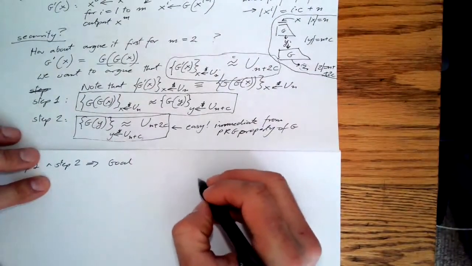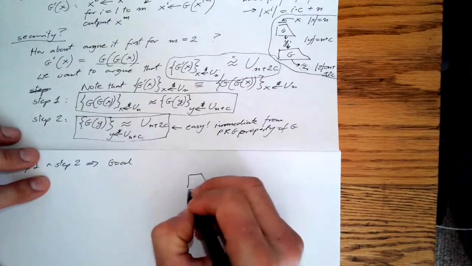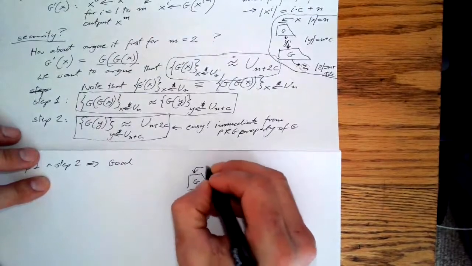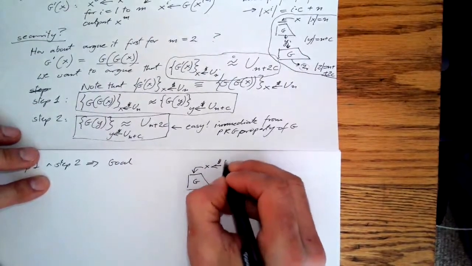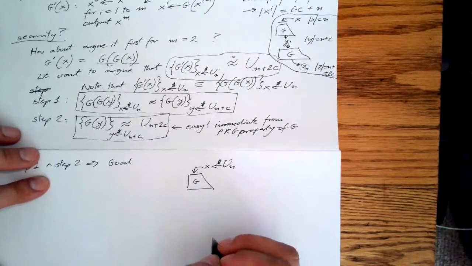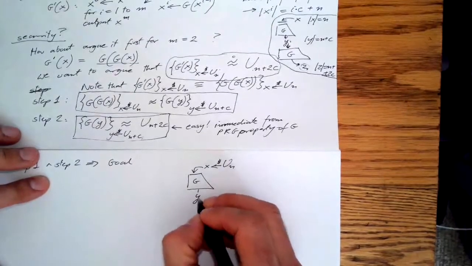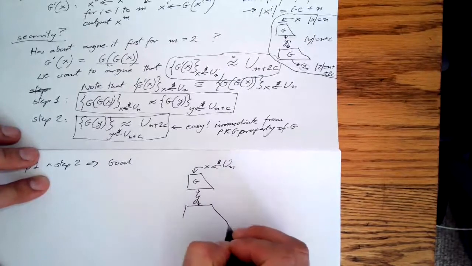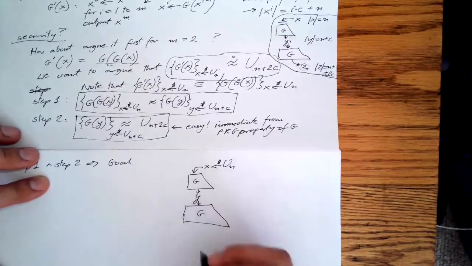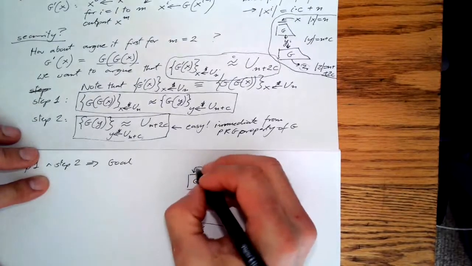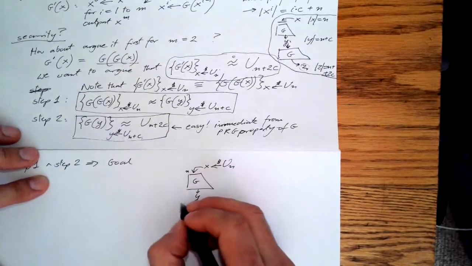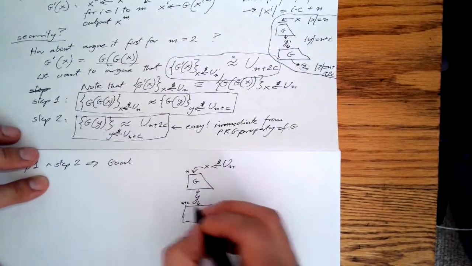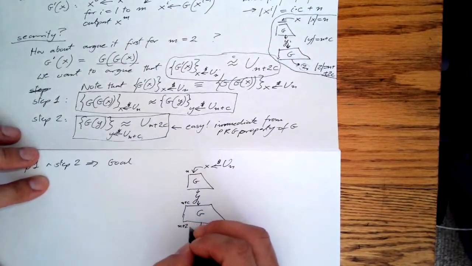So let me show this construction again to be clear. I'm putting in an X, which is random in n bits. I'm outputting an intermediary value Y, which I then feed into another instance of G, which outputs the string Z. So I have n bits here, n plus c bits here, and n plus 2c bits here.